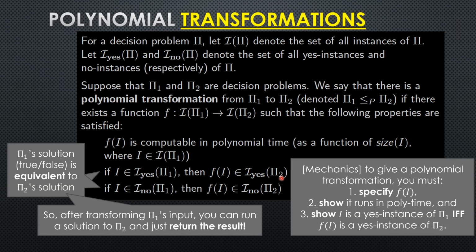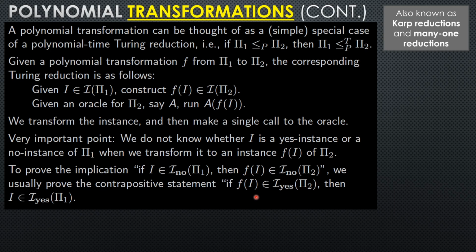That last statement up here, if I is a no instance of pi1, then f of I is a no instance of pi2, it turns out that can actually be pretty hard to prove. And we sort of saw that hinted at very briefly when I talked about checking that the Hamiltonian cycle problem is in NP.